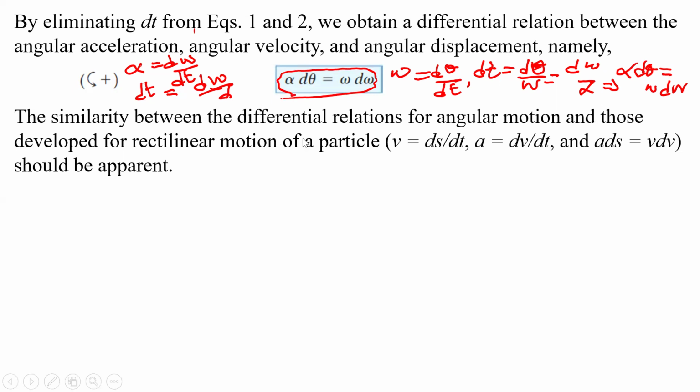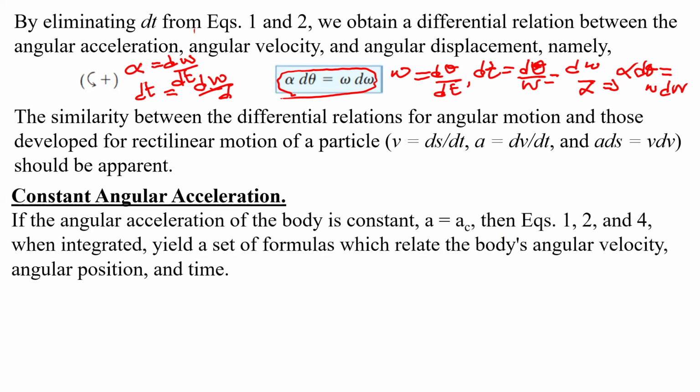And the similarity between the differential relations for angular motion and those developed for rectilinear motion of a particle, v is equal to ds over dt, a is equal to dv over dt, and a ds is v dv, should be apparent, which we have already proven or shown in earlier classes. So constant angular acceleration.